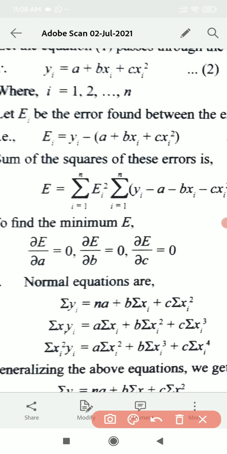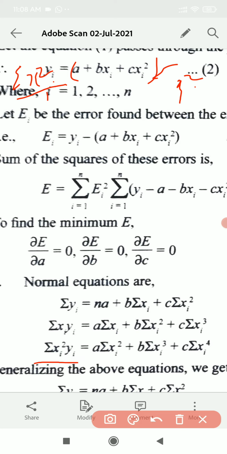Then the last thing I told, students: you will multiply by xi square, and put summation of xi square on both sides. So when you multiply, it will be summation of xi square yi.